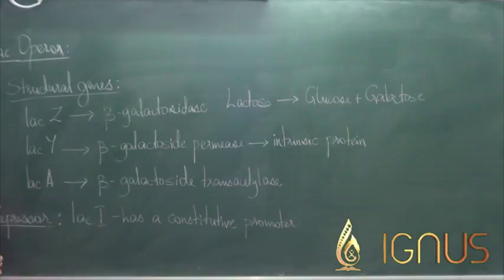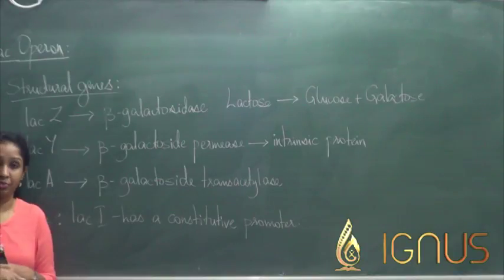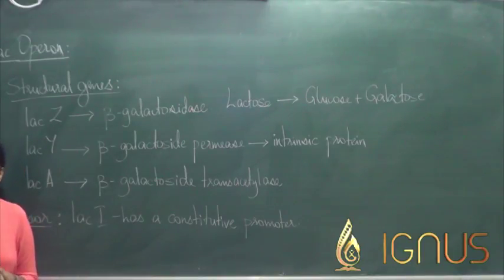Then you have the LAC-Y gene, and LAC-Y is going to give rise to the protein beta galactoside permease. This protein is an intrinsic protein, meaning that it is going to embed itself in the plasma membrane. Because it's a permease, its function is to allow lactose from the outside of the cell to enter into the cell.